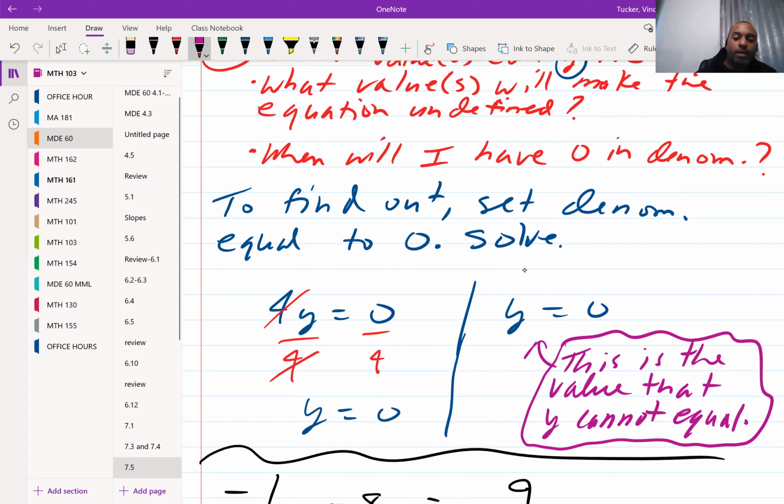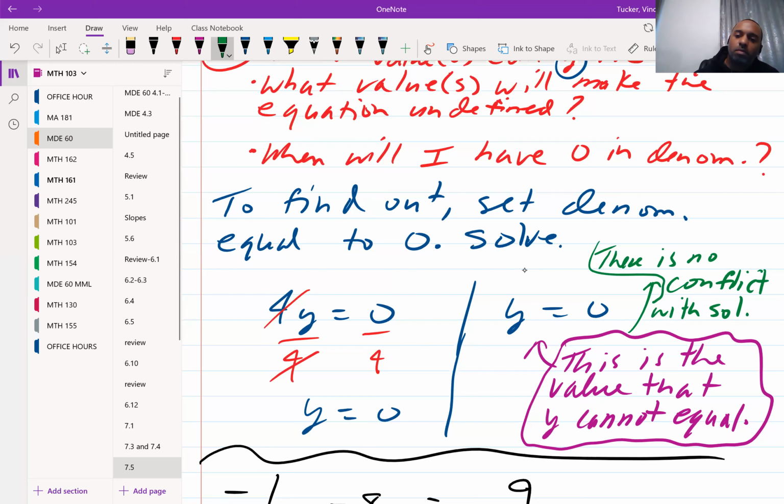This time we did not have a conflict. y equal to 0 was the value that cannot be used. Our solution was 2. So there is no conflict with our solution.